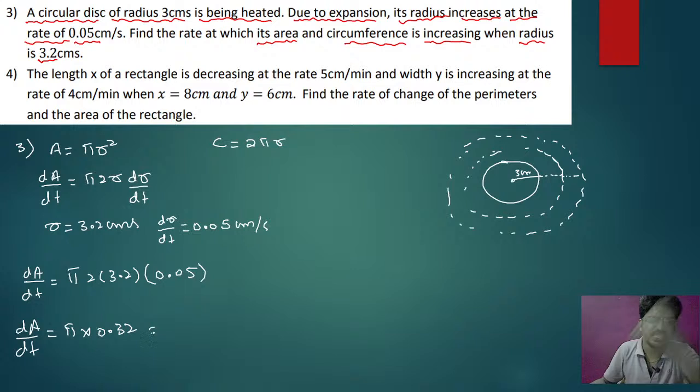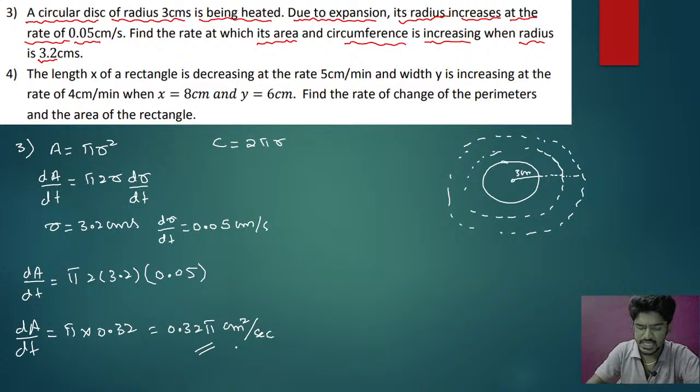So dA by dt equals 0.32 pi centimeter square per second. Clear? You can write it like this, no problem. You also check the calculations once, because today I have already made one mistake, so there are chances of mistakes for me also.